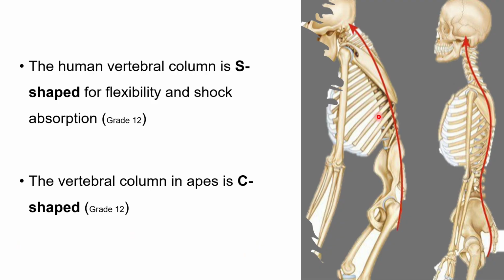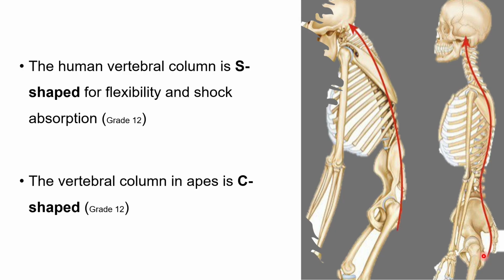Now, once again, a grade 12 fact that you need to understand is the shape of the vertebral column. In humans, because we are bipedal, we walk on two legs, our vertebral column has this S shape.